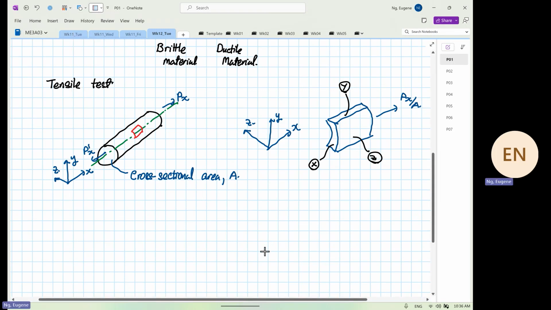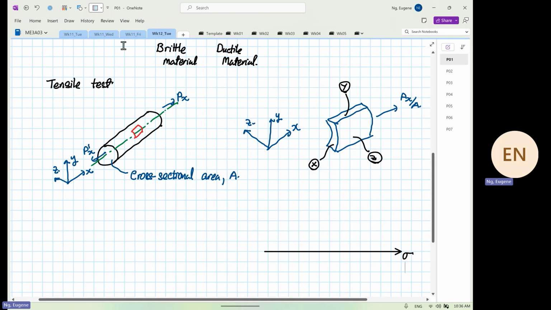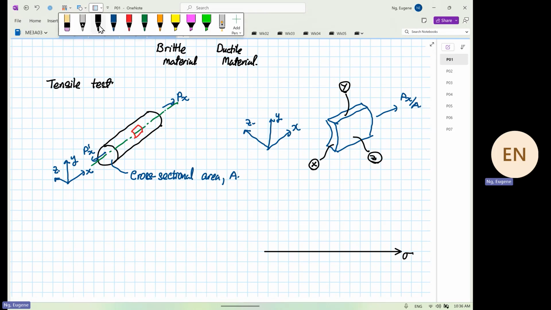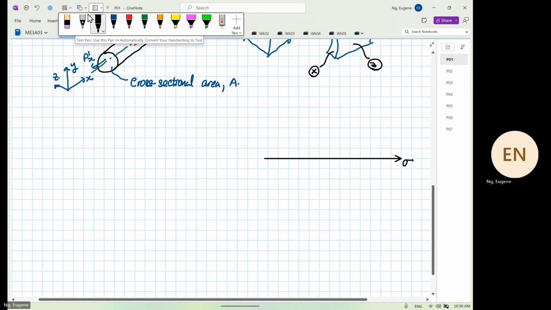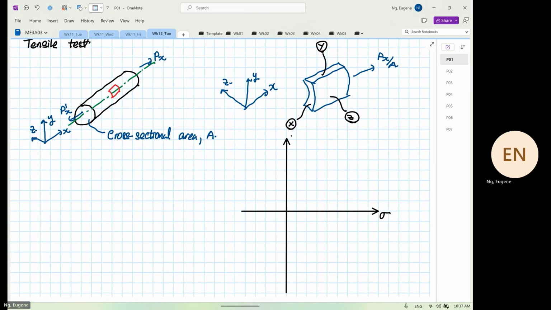So we know that this is our normal stress, this is our stress X, or normal stress, sorry. And then we have our shearing stress.